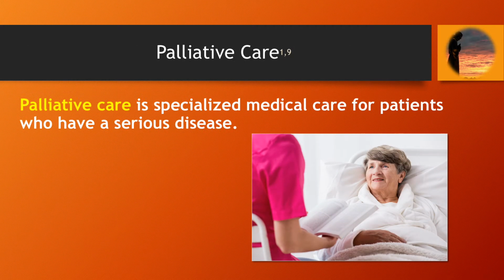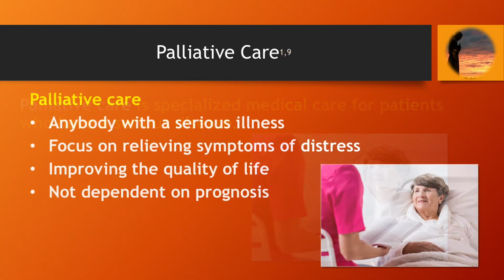What is palliative care? Palliative care is specialized medical care for patients who have a serious disease or illness. Let's look at some of the highlights of palliative care. Anyone with a serious illness could be treated through a palliative care approach. The focus of palliative care is relieving symptoms of distress, such as pain, dyspnea, etc. One of the goals of palliative care is to improve the quality of life.